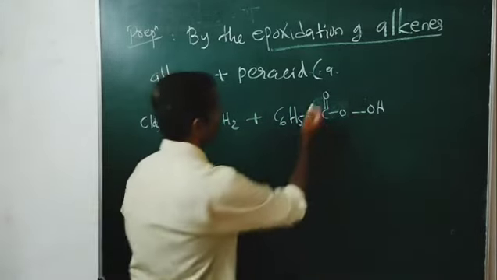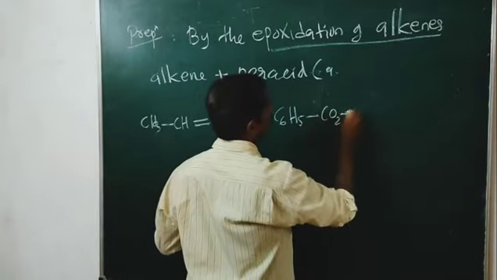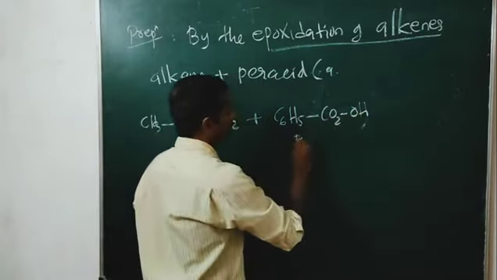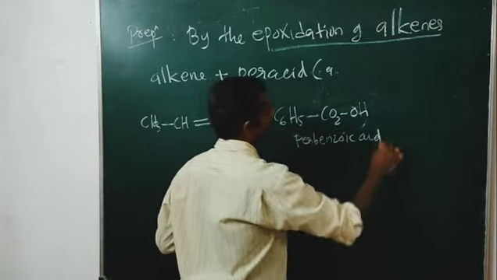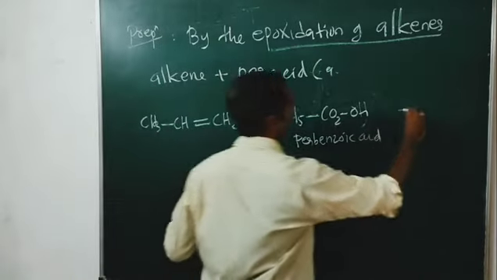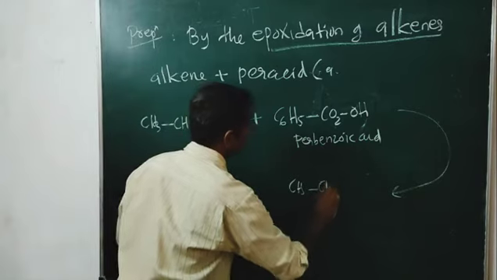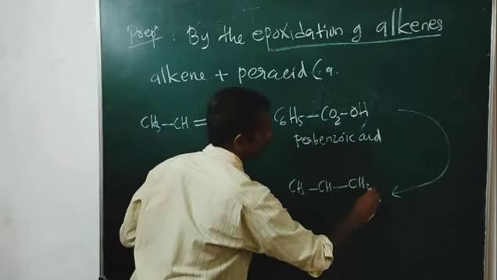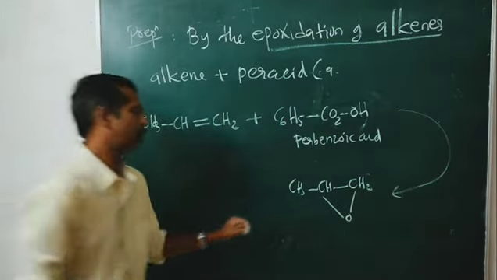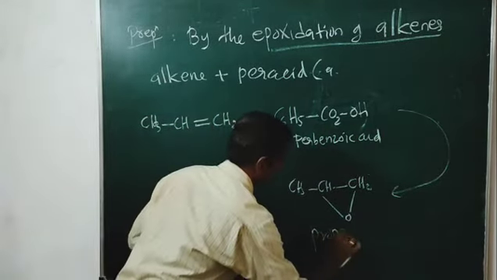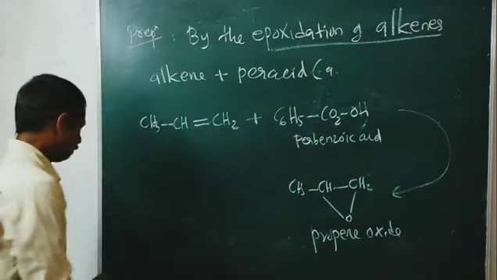We get CH3CH-CH2 with oxygen bridging, propene oxide. This is the method of preparation of epoxide.